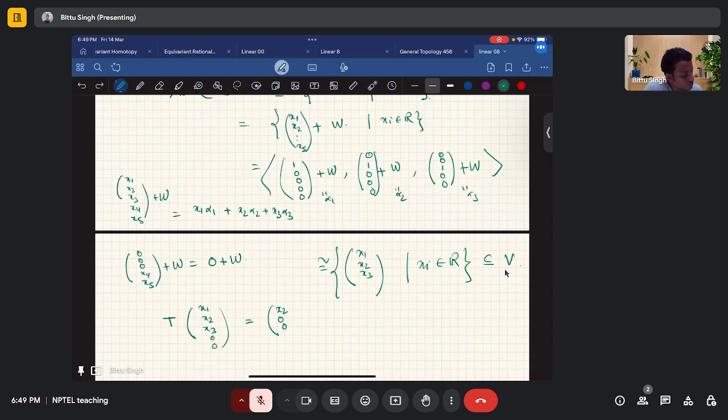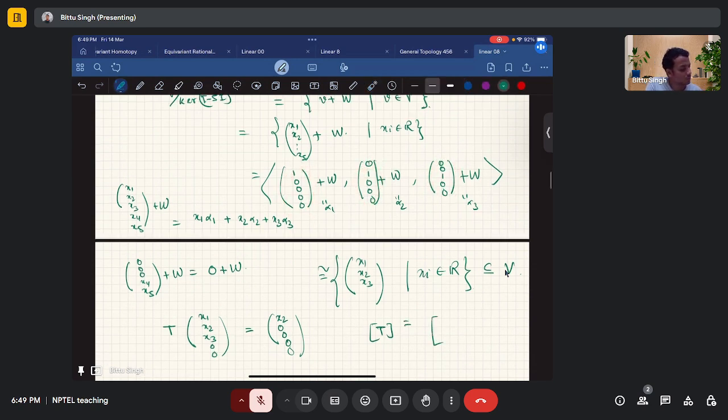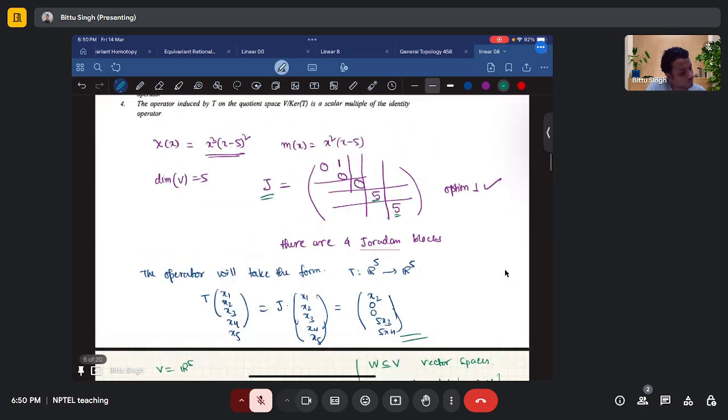So those are actually 0. Again, if we see the matrix representation of T with respect to those ordered bases, it is clear that it will take this form: 0, 1, 0, 0, 0, 0, 0, 0, 0, right? This is just this block actually.